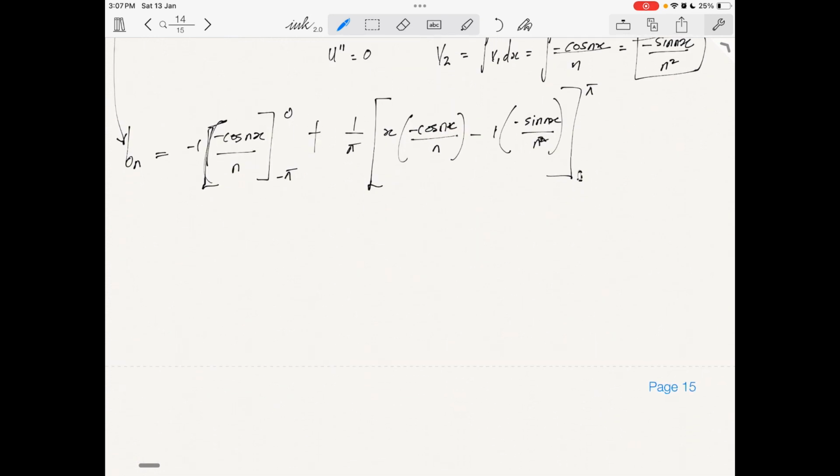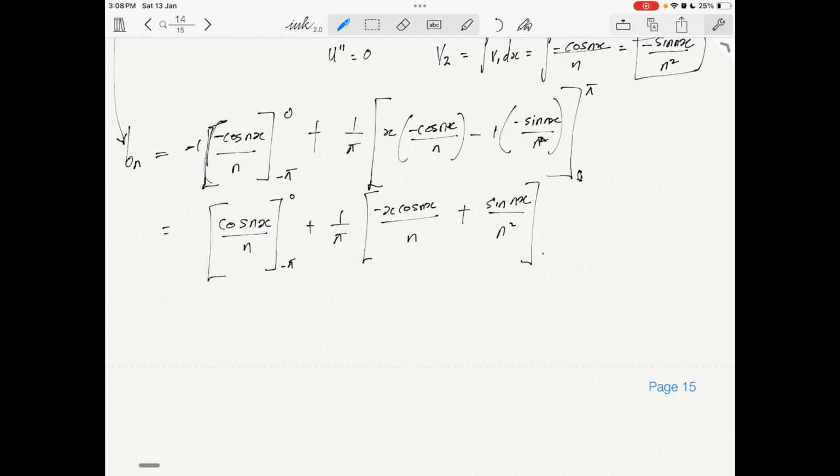So after that is done, we can now begin to simplify further. So minus 1 multiplying minus 1, our resulting will be cos nx over n from minus pi to 0 plus 1 over pi to minus cos nx over n plus sine nx over n squared from 0 to pi.